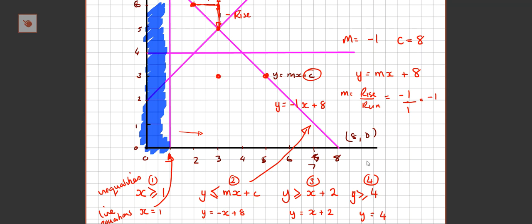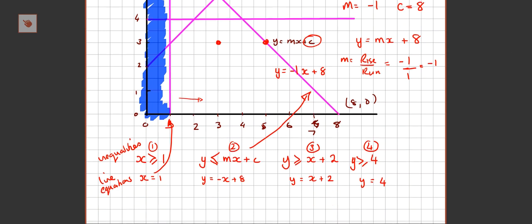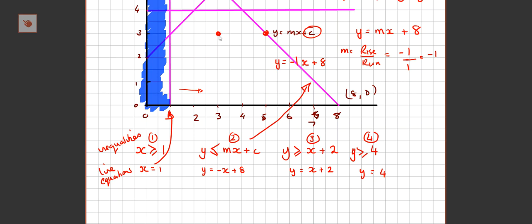Is 3 less than or equal to minus 3 plus 8?